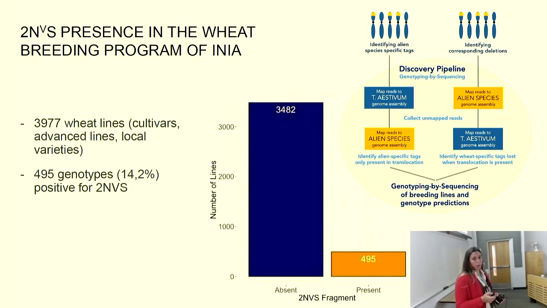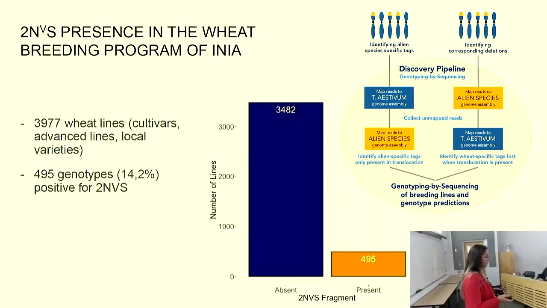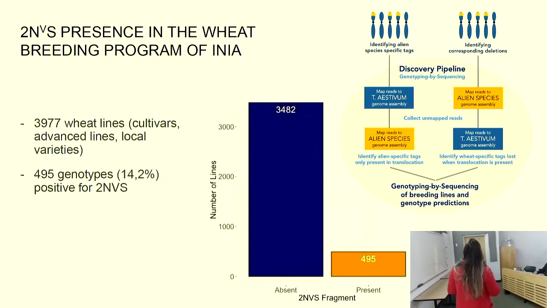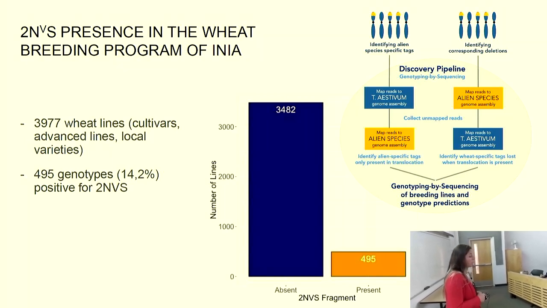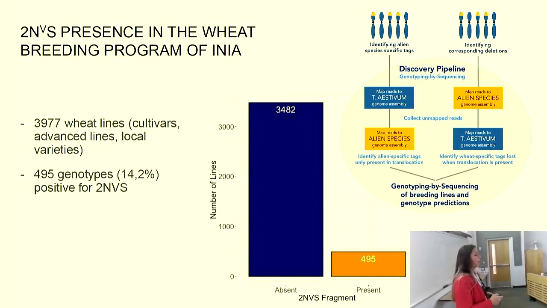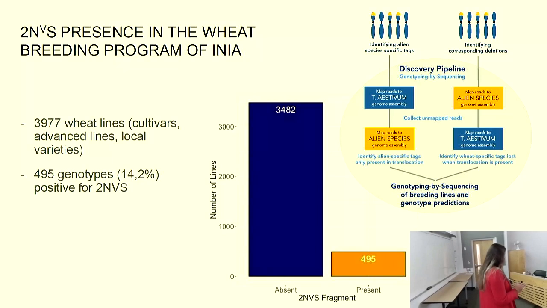We used a bioinformatic pipeline to predict presence or absence of 2NS. And we can see that only 14% of the lines had the fragment present, and almost 3,500 don't have it. So this tells us two things. One, we need to be aggressive in introgressing the 2NS in our breeding program, to be safe if blast starts to be more problematic.